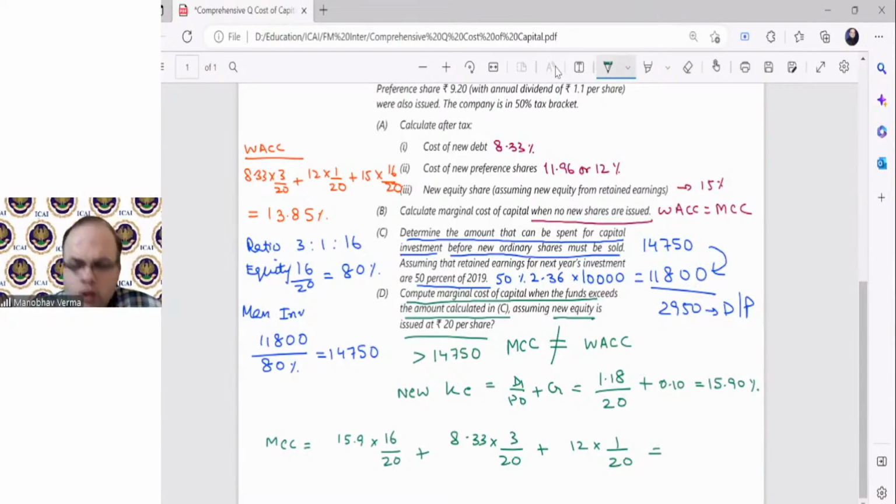Okay, so the new cost of equity is 15.9 and accordingly your WACC will change. That will be your marginal cost of capital.